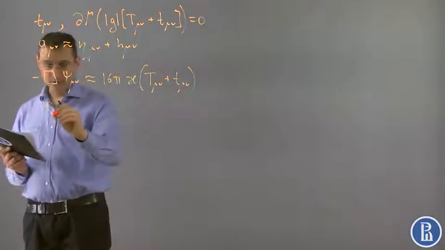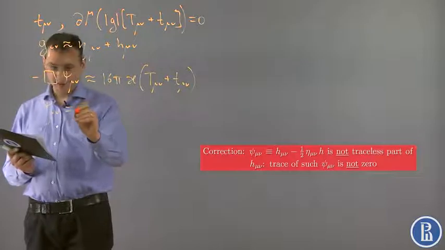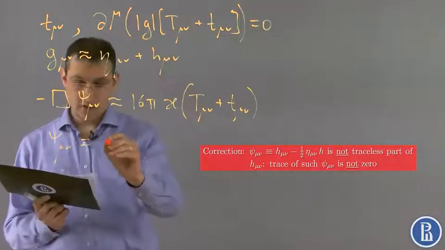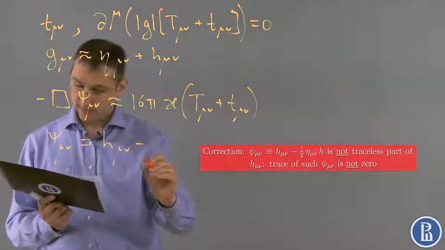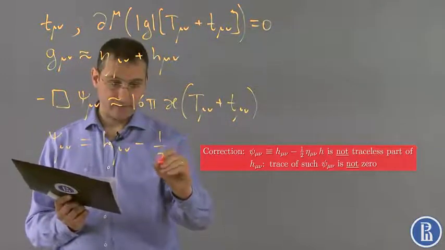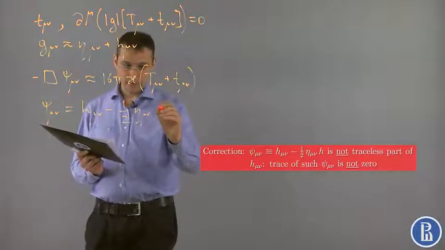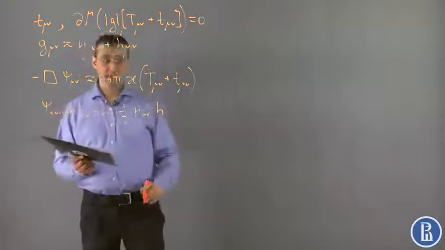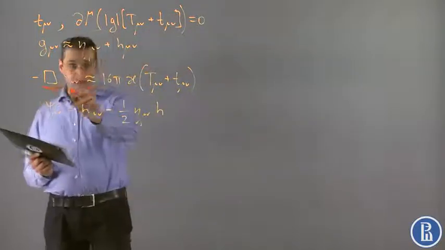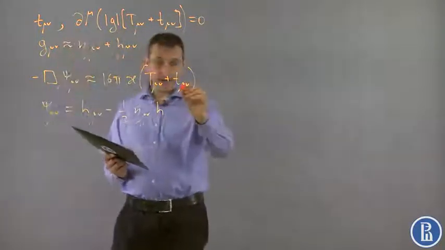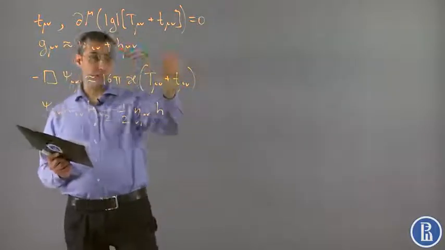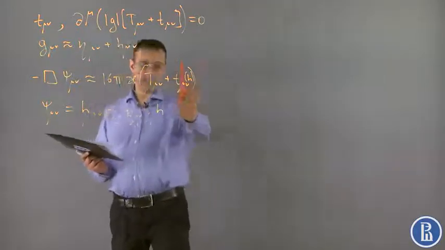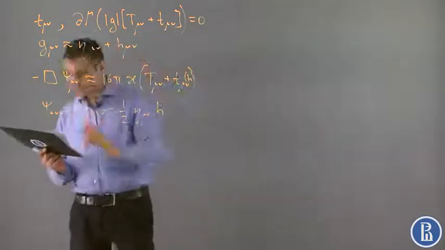So ψ^μν is just the traceless part of h. It's just h^μν minus 1/2 η^μν times h, where h is the trace of h^μν. So this is just the linearized part, and this other term contains the nonlinear part of the metric tensor. The nonlinear part describes the energy flux.